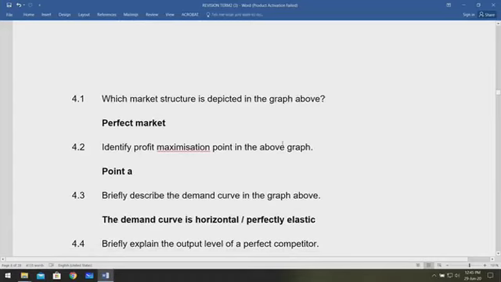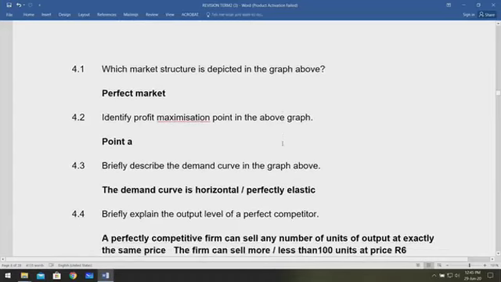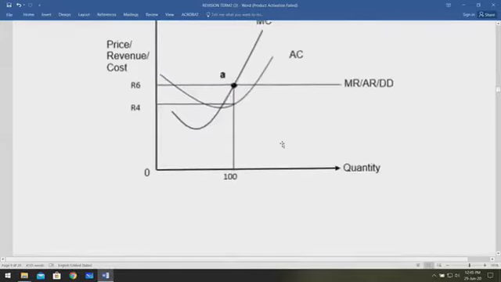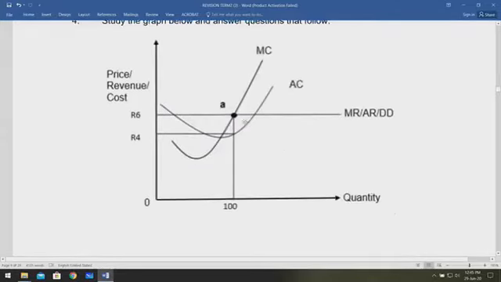Briefly explain the output level of a perfect competitor, right? If you look at the output, a firm would prefer to obviously operate at its profit maximization point. It will not move beyond this point, because remember, this is the point where you're making the most profit. But if you look here, you can still produce up to this.